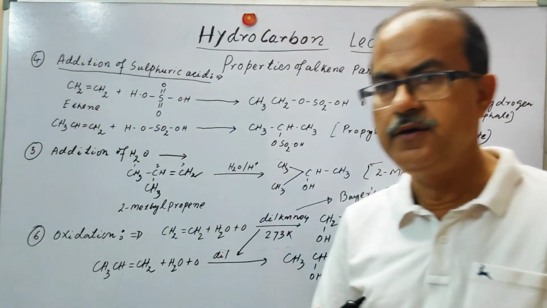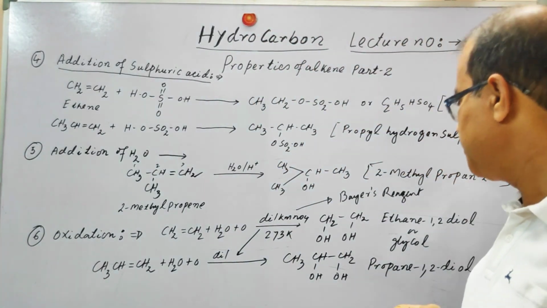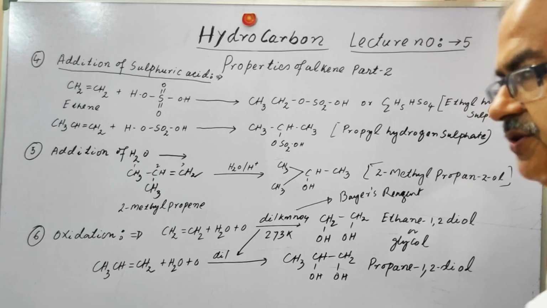So in presence of Baeyer's reagent, the alkene is going to produce this glycol, or vicinal glycol.